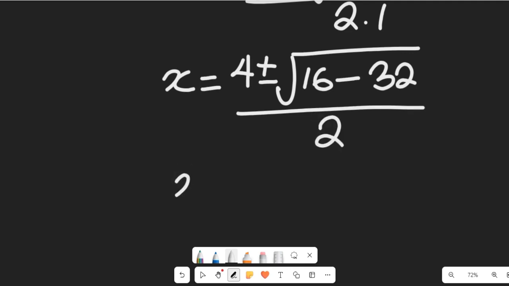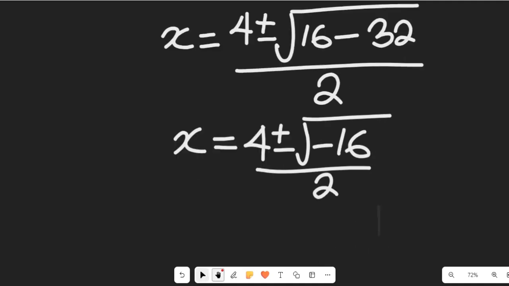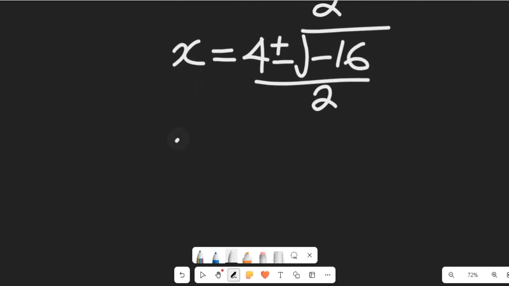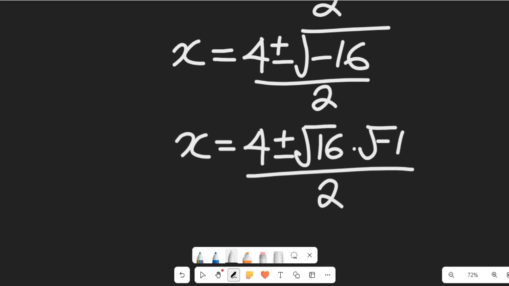So if we simplify this, we'll have our x equal to 4 plus or minus the square root of 16 minus 64, which will give us negative 48, divided by 2. With the laws of indices, we can break that up. That will give us x equal to 4 plus or minus the square root of 16 multiplying negative 1, and all of these divided by 2.